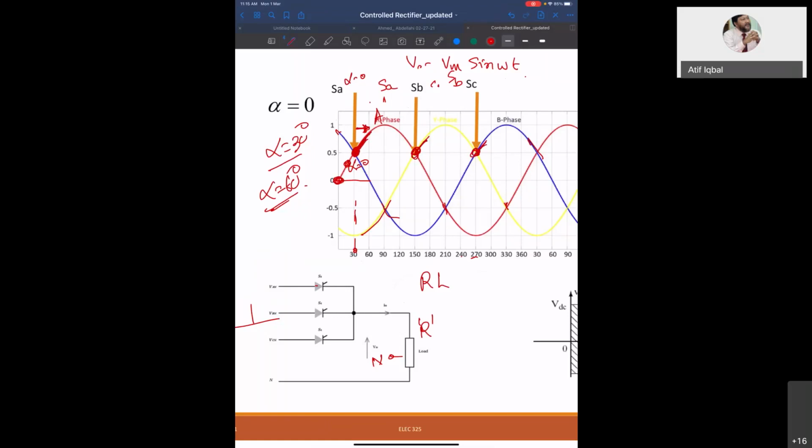That is why this is called the alpha equal to 0 point. So when counting 30 degrees, it will actually be at 60. This is called the 30 degree angle. Don't confuse it with this 30. You have to look at the alpha. Alpha equal to 0 is at this point. Does this answer your question?